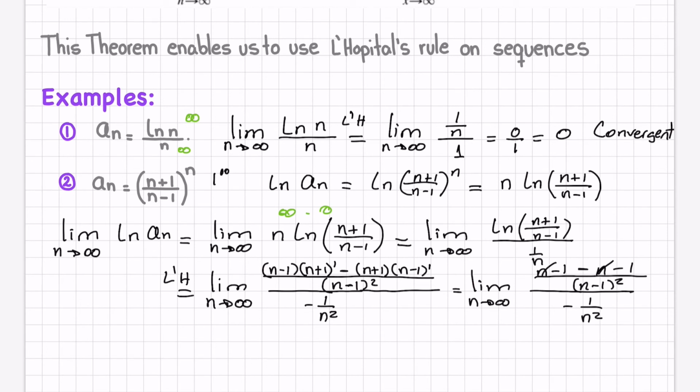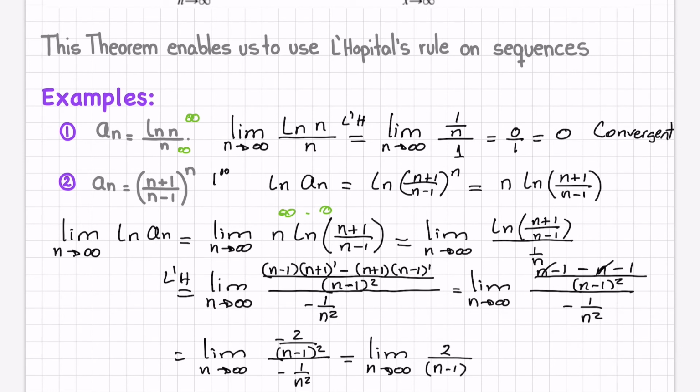So the n's cancel out, and this would be the limit as n approaches infinity of negative 2 over (n minus 1) squared. This is just algebra, as you can see. For negative 1 over n squared, keep the top, reciprocate and multiply the bottom. The two negative signs make it positive, so I'm not going to write that.